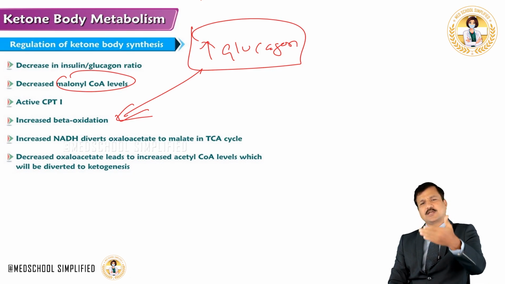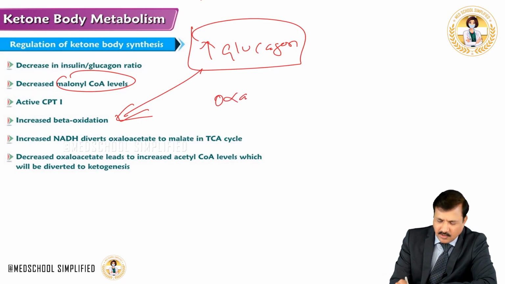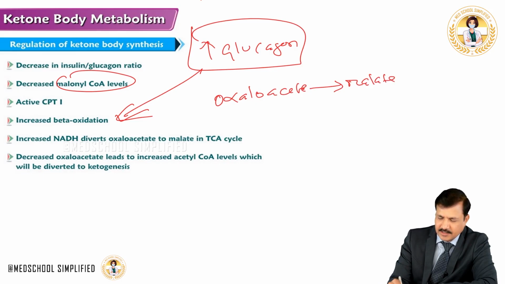Okay, so oxaloacetate is all converted towards the malate to regenerate NAD plus, because during the conversion of oxaloacetate into malate, NADH is converted to NAD plus.